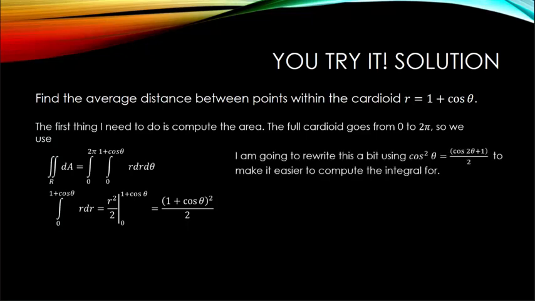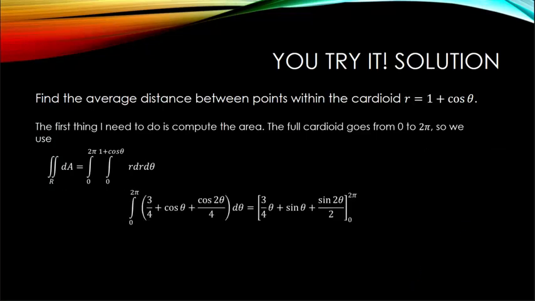I am going to rewrite this a little bit using cosine squared theta is equal to the quantity cosine 2 theta plus 1 over 2 to make it easier to compute the integral. My integrand becomes 1 plus 2 cosine theta plus cosine squared theta over 2, which equals 3/4 plus cosine theta plus cosine 2 theta over 4 after I make that substitution.